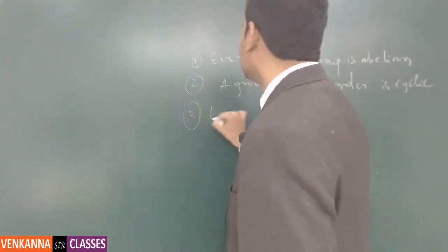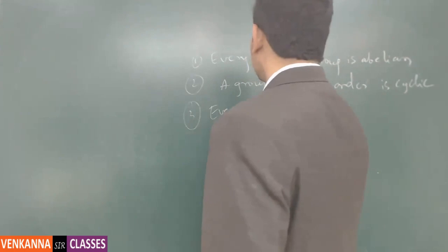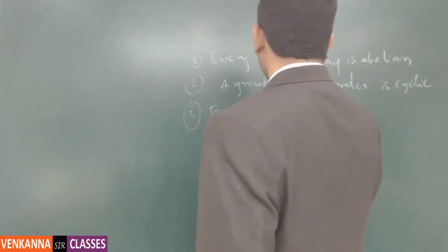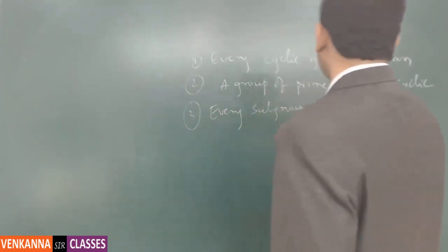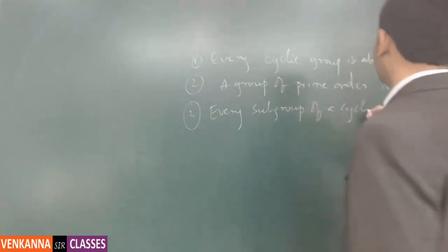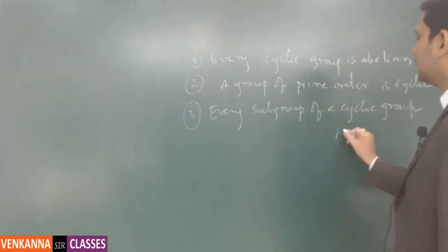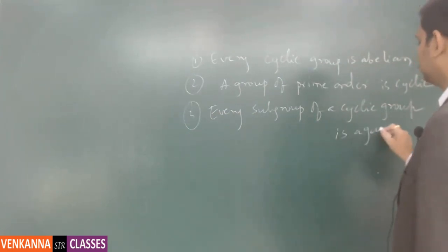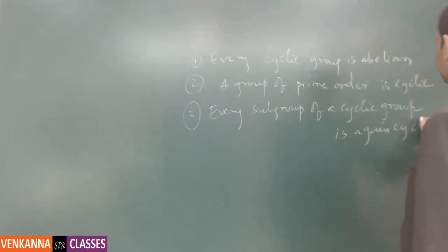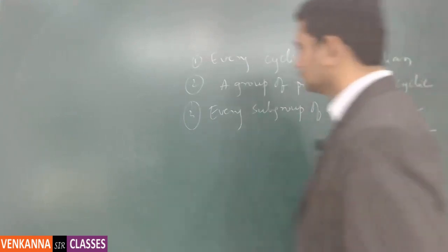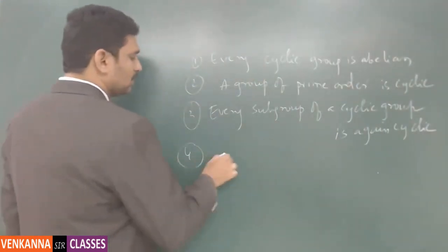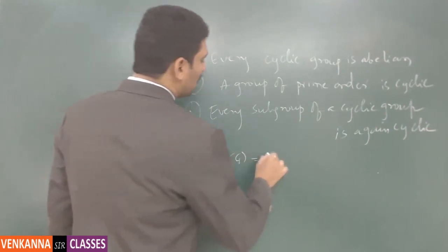Third, every subgroup of a cyclic group is again cyclic. Another one, the order of the group is equal to the order of the generator.